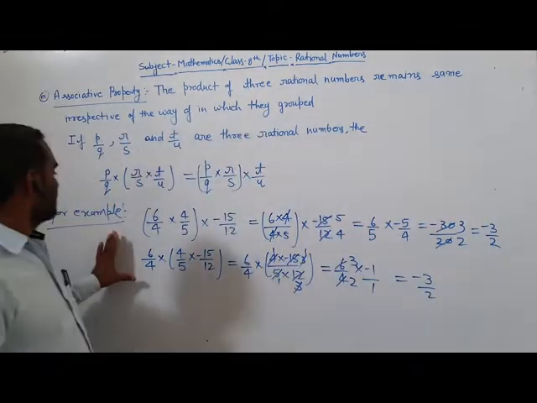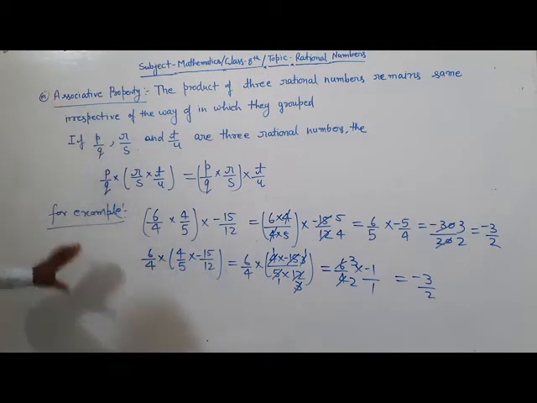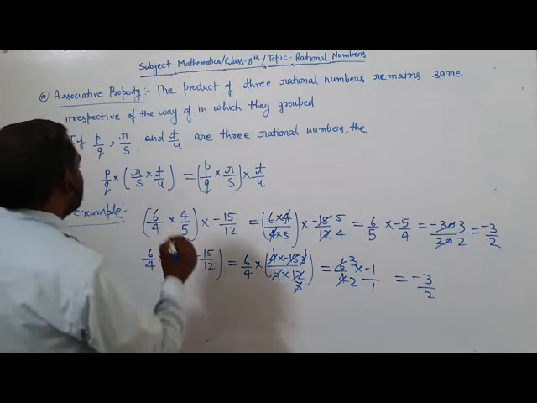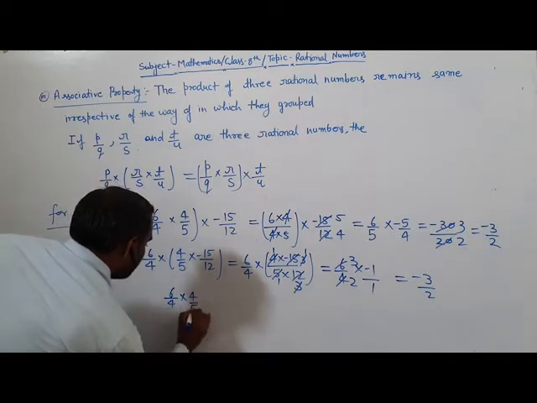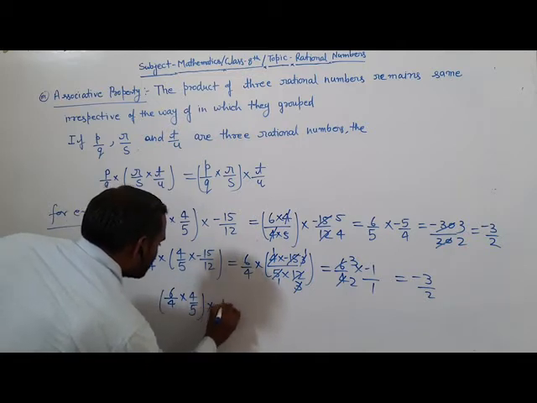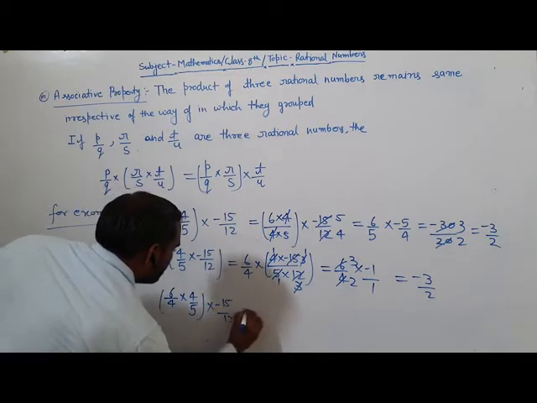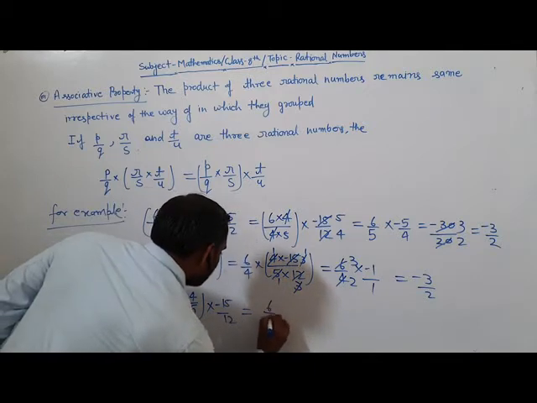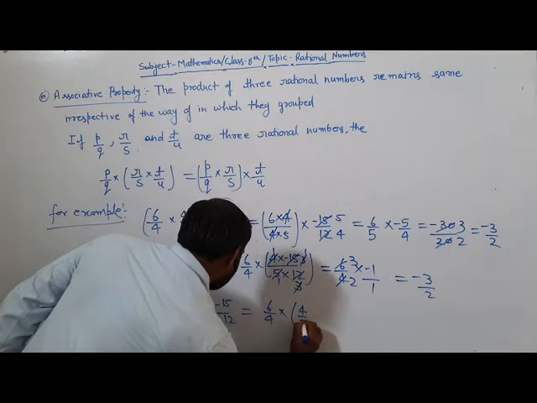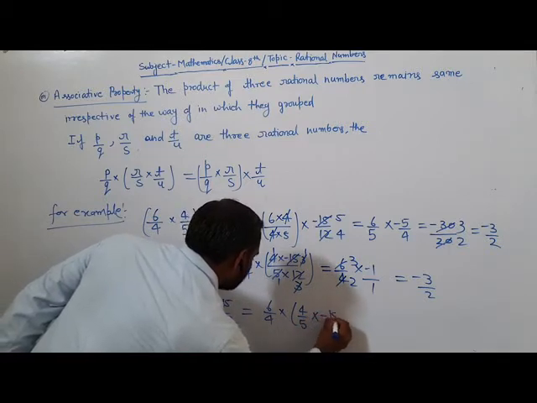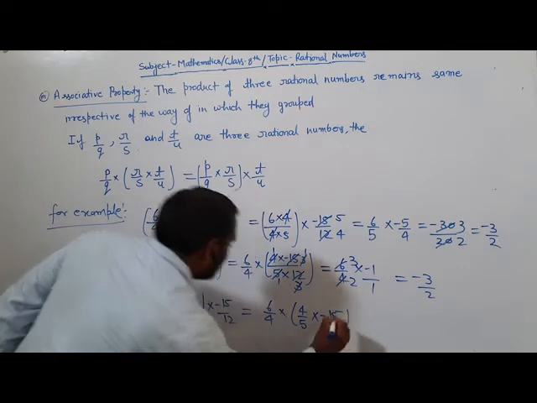So this multiplication, the associative property applies. So we can say that 6 by 4 into 4 by 5 into minus 15 by 12 is equal to 6 by 4 into 4 by 5 into minus 15 by 12.